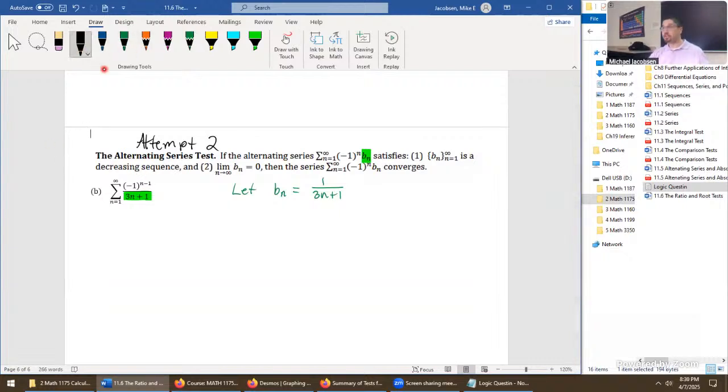Next, we have to make 2 conclusions. First one is that this should be decreasing. Absolutely it is, with a bounded numerator and a growing denominator. So let's say here, then, bn, n equals 1 to infinity, is a decreasing sequence.